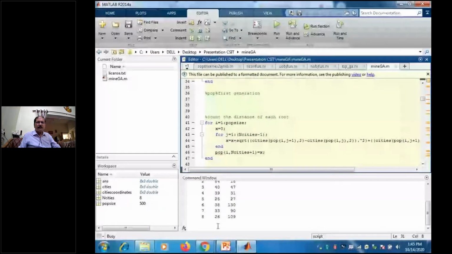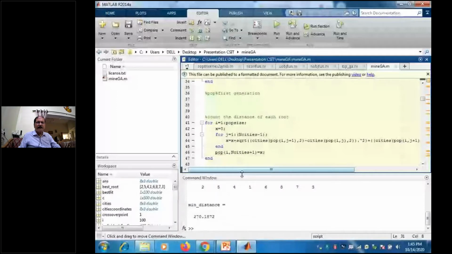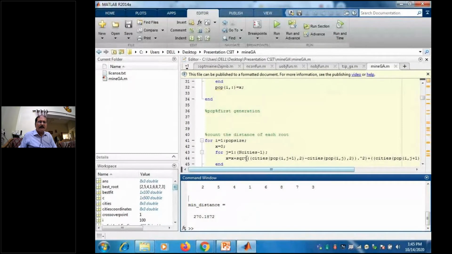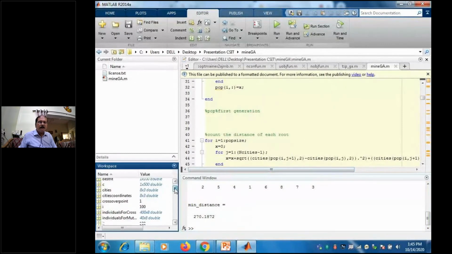We sort here, and the best route is found to be 2 5 4 1 6 8 7 3, and the minimum distance is 270.1872. This is the best route we have found.